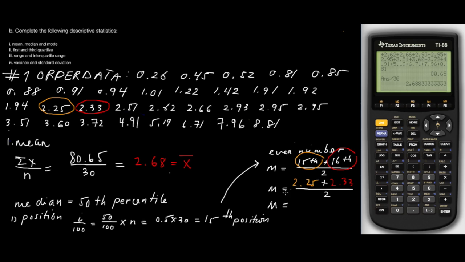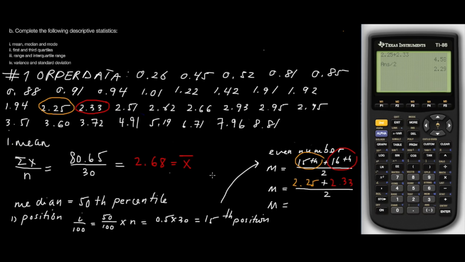So our median is, let's just switch over to our calculator real quick. So it's 2.25 plus 2.33. And this will be divided by 2, which gives us 2.29 for our median.